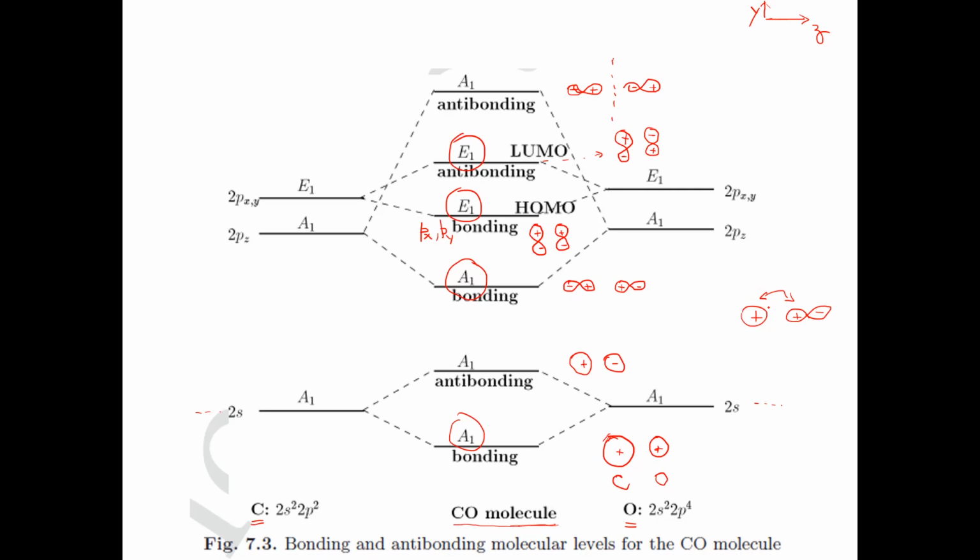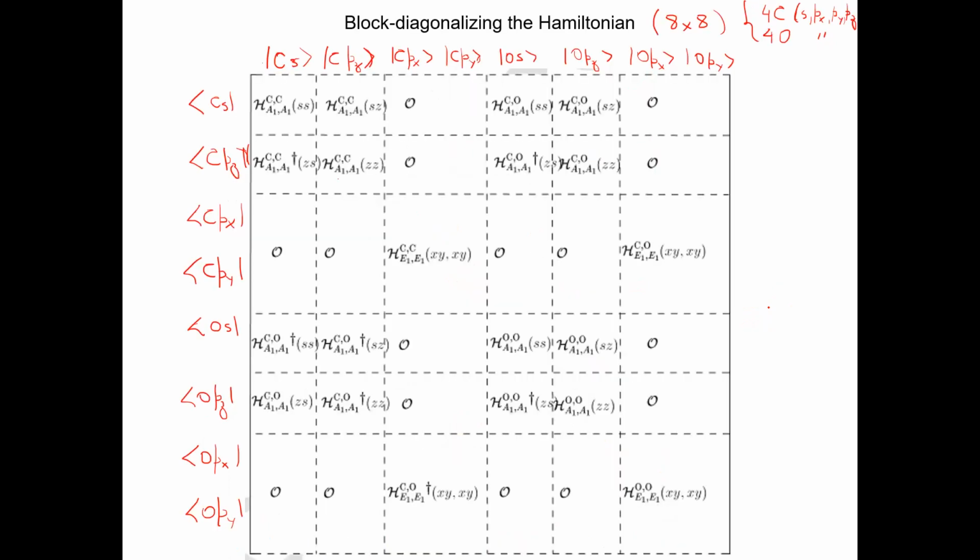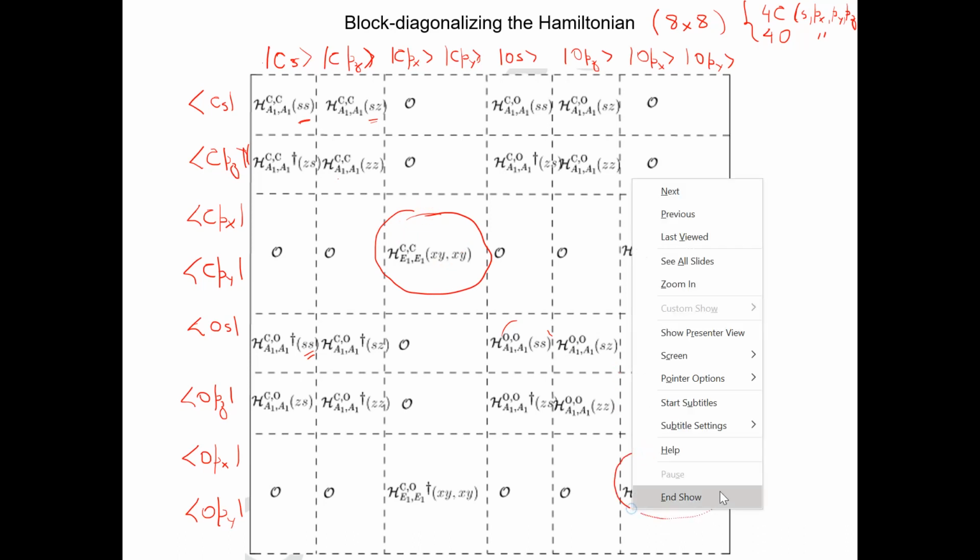So group theory tells us that I have to treat S and Pz orbitals in the same block of the Hamiltonian, and that's why I have here the carbon S and carbon Pz in the same block, and they will interact with oxygen S and oxygen Pz, which are in this block. Okay, and I have another block here which is carbon Px Py, and another block here which is oxygen Px Py.